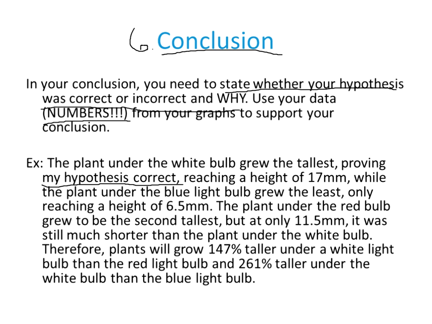But it explained why, reaching a height of 17 millimeters, while the plant under the blue light bulb grew the least, only reaching 6.5. The plant under the red was the second tallest at 11.5. It was still much shorter than the plant under the white light bulb. Therefore, plants will grow 147% taller under white and 261% taller under the white versus the blue.